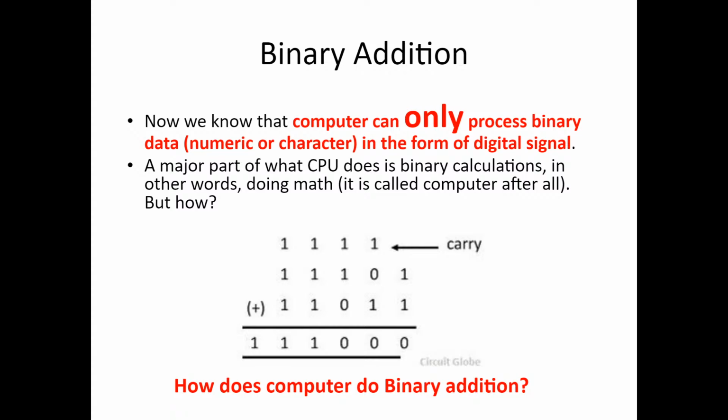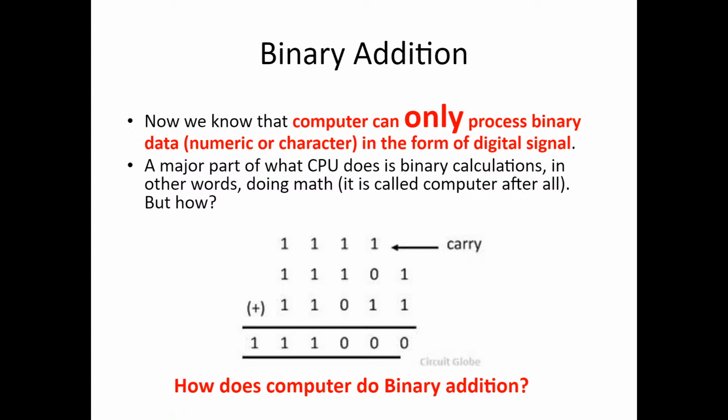The only thing that the CPU can do is binary calculations. Essentially, the computer is just running a lot of binary calculations at one time.